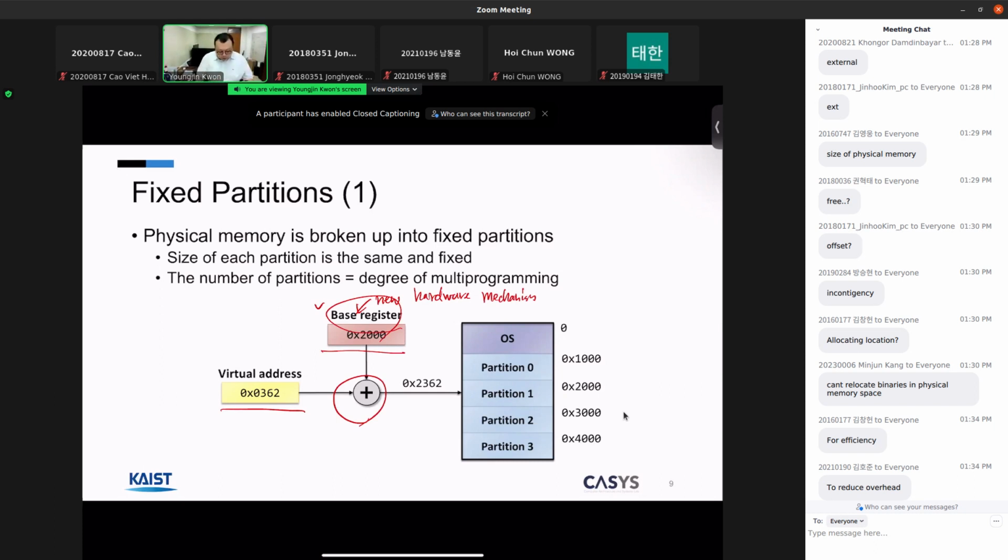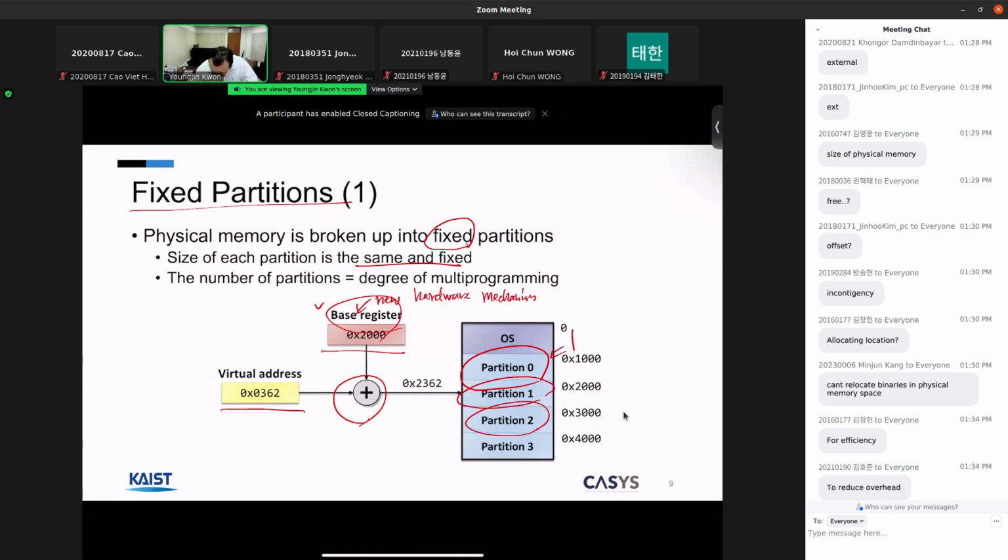Fixed partition is the way physical memory is broken up into fixed, defined partitions. Each partition is the same and fixed. So the number of partitions sets the degree of multiprogramming, and each program is loaded in a different partition.